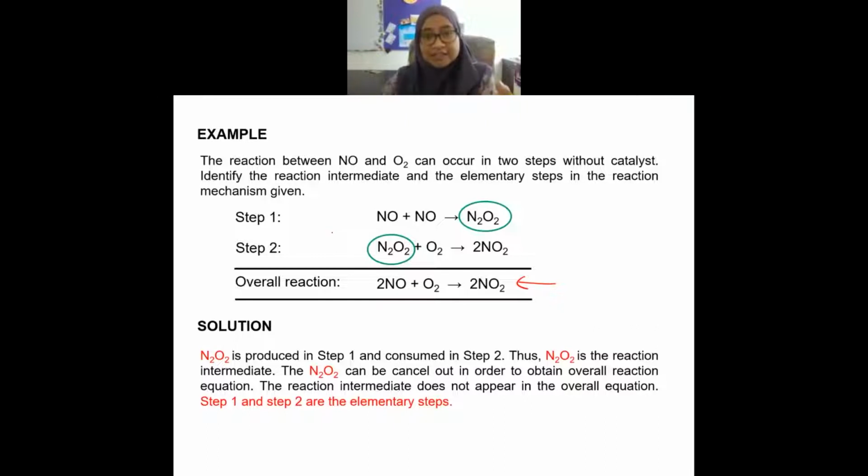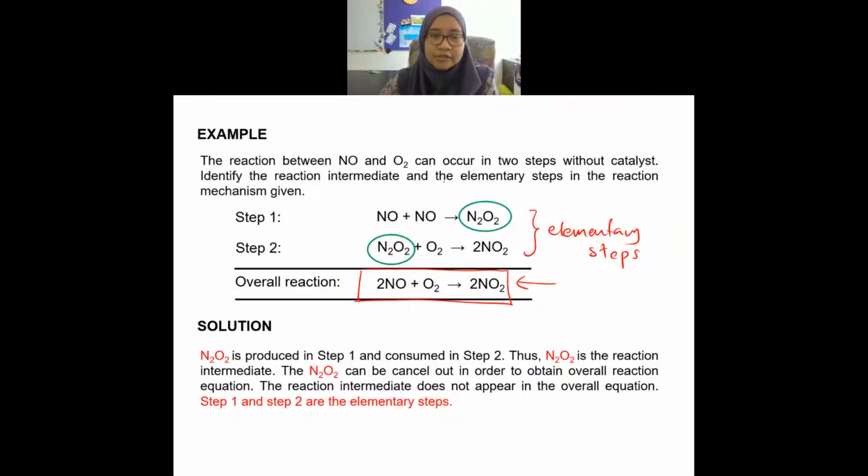Actually, in order to produce this final equation, the reaction needs to undergo this step 1 and step 2. So these 2 steps are what we call elementary steps. This is what we call small reactions. When we combine all of these, it will produce the final equation.